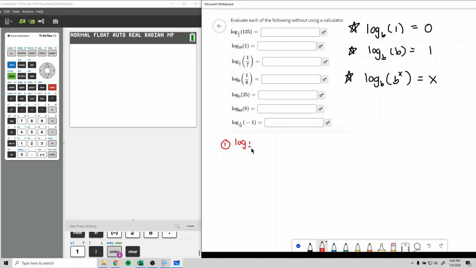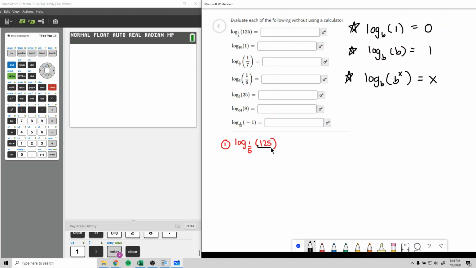So log base 1/5 of 125. The first thing I see here is the 1/5, this isn't a whole number. So what I want to do is first think about this. If this was 5, it's kind of similar to 1/5.